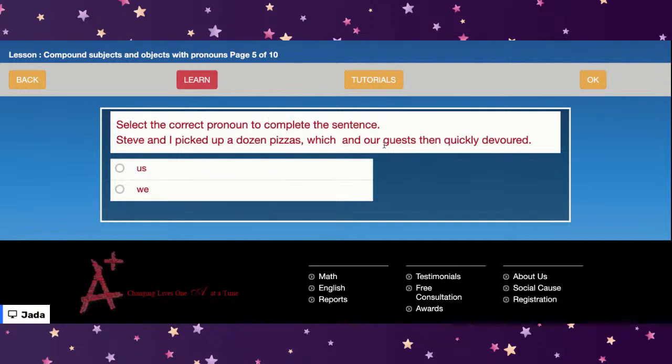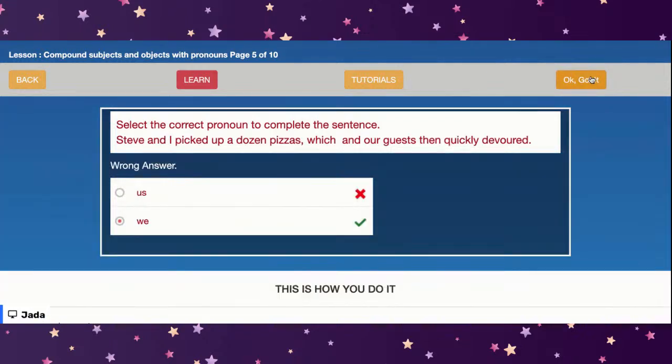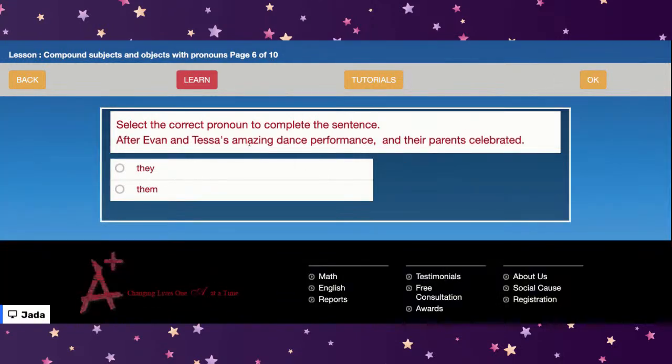Blank and our guests then quickly devoured it. So it is us and our guests? We and our guests quickly devoured it. After Ivan and Tessa's amazing dance performance, blank and their parents celebrated. Is it they or them and their parents celebrated?